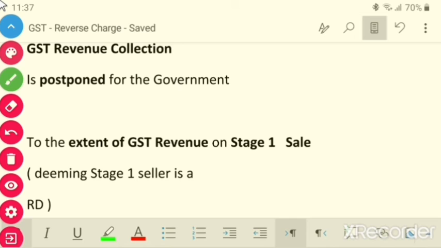Instead of the unregistered dealer, the stage 2 seller will make the payment on the purchase, that is reverse charge. Of the total amount of 45, that 18 rupees will come to the government treasury at the time of purchase by the second seller. That is the intention. So postponement of revenue to the extent of 18 rupees is not there.